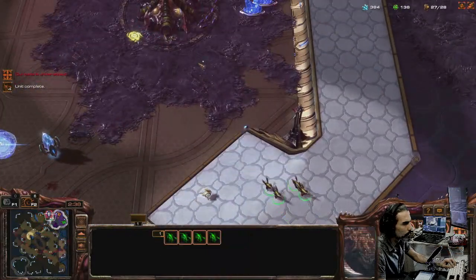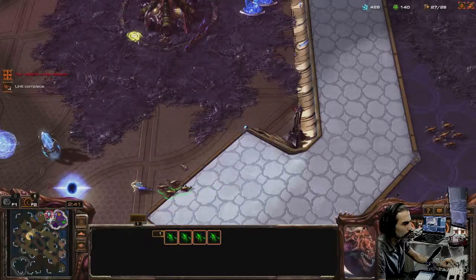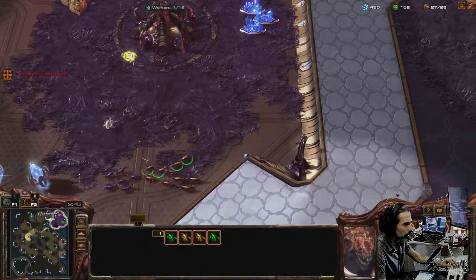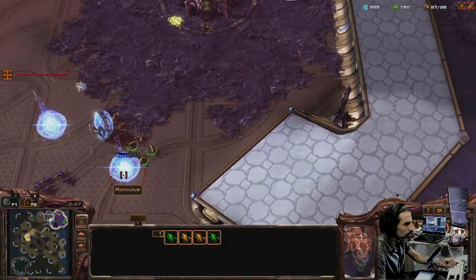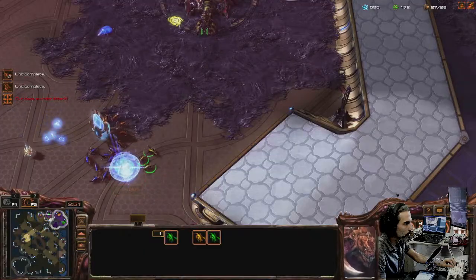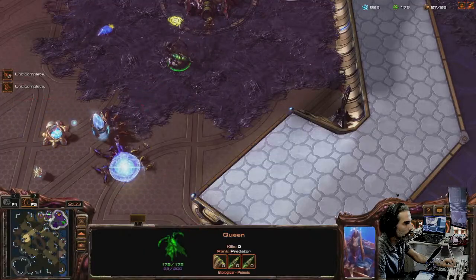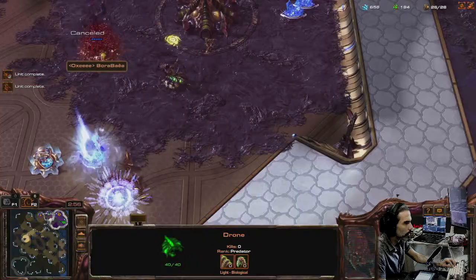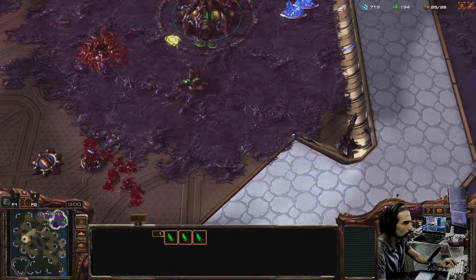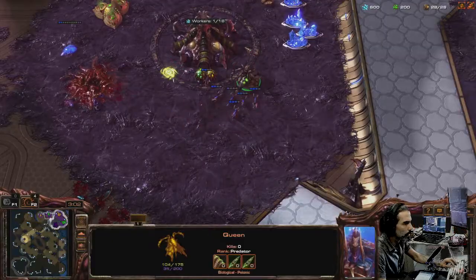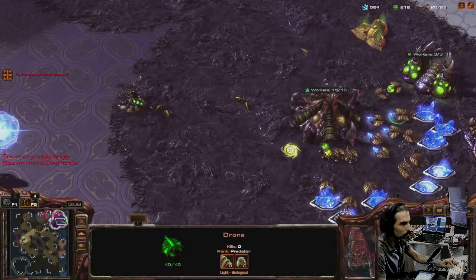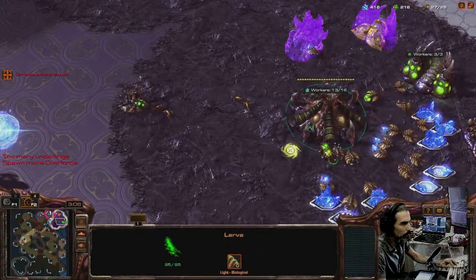The hive cluster is under attack. Our drones are under attack.